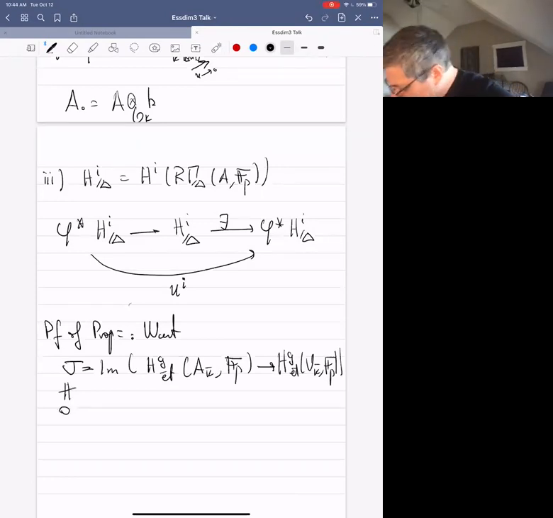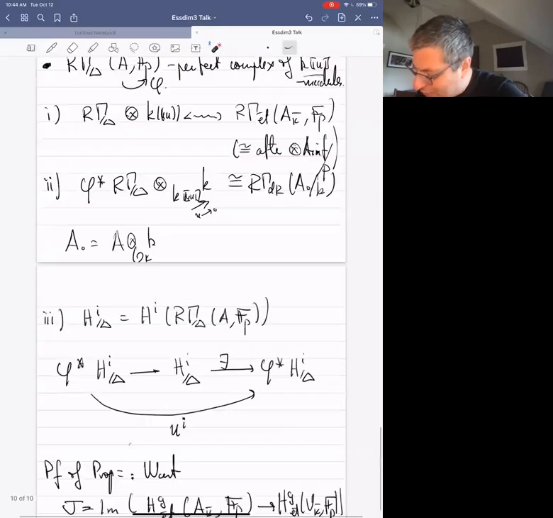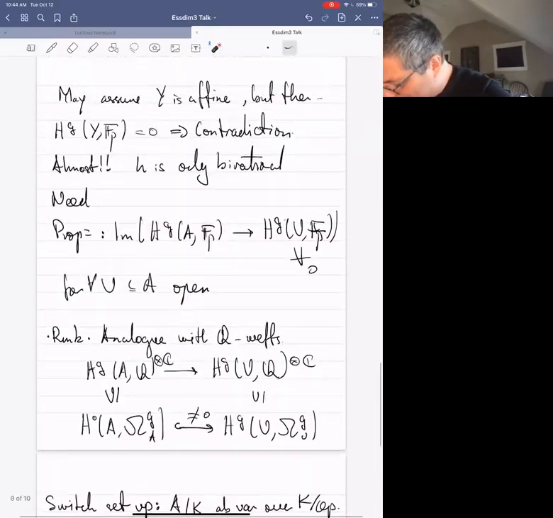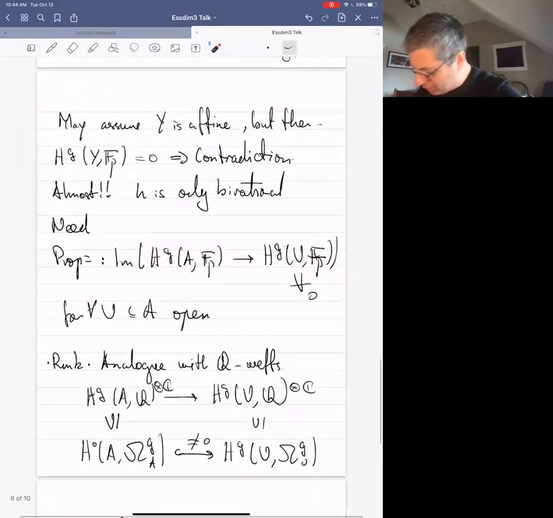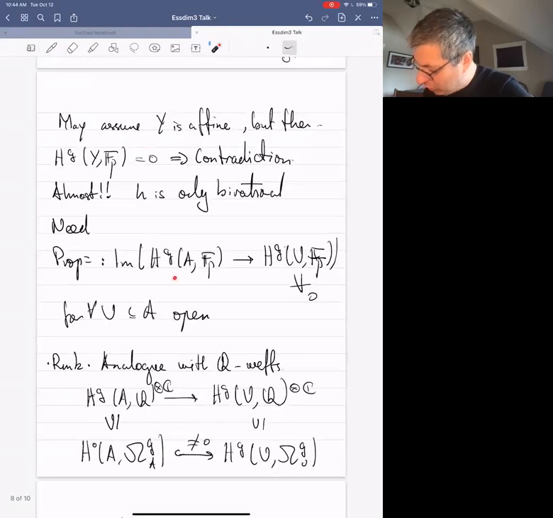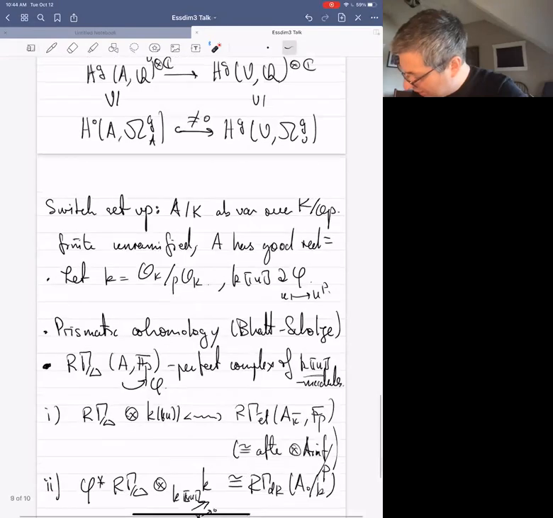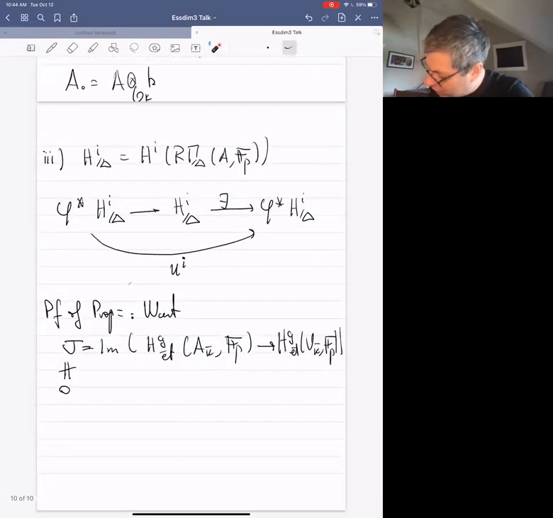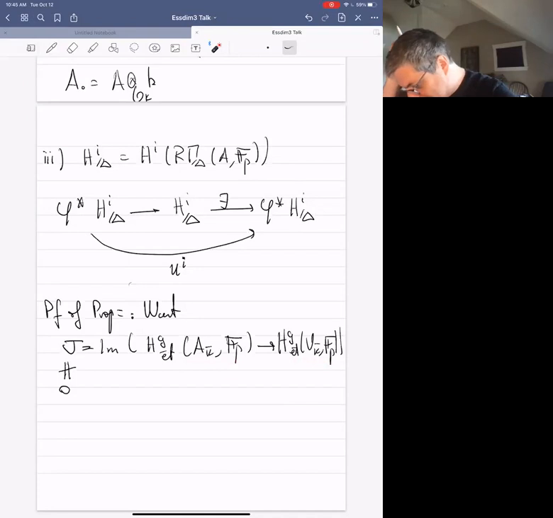Now, I scrolled down, so you can't see what the proposition said anymore. In fact, of course, our original proposition, if we go back, that's before we switched setups, right? So we were over the complex numbers and we were working with topological cohomology. Now we're in this kind of arithmetic situation. So we just work with the étale cohomology. But you should, of course, believe that this kind of statement implies the other one.